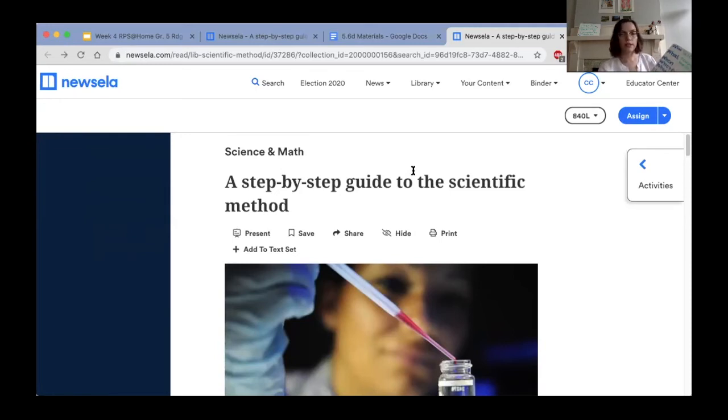Again, for procedural text, the when is not going to be very crucial for us. With the scientific method, though, we can make a general statement and say that we use it any time that we are going to be conducting an experiment.